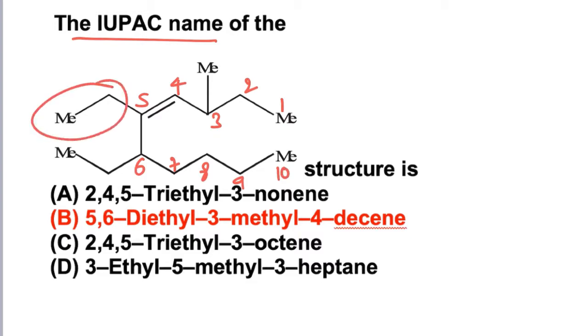At positions 5 and 6, an ethyl group is present, while at position 3 a methyl group is present. So the name of the molecule is 5,6-diethyl-3-methyl-4-decene, and hence the correct answer is B.